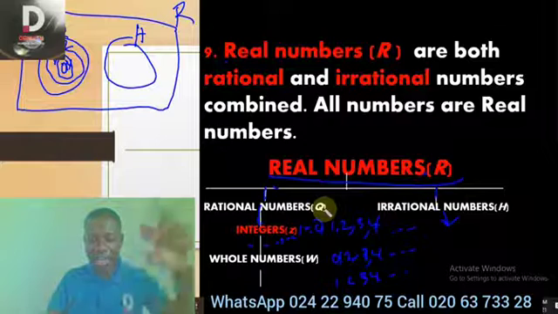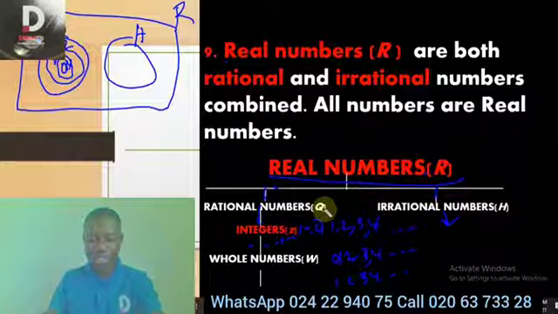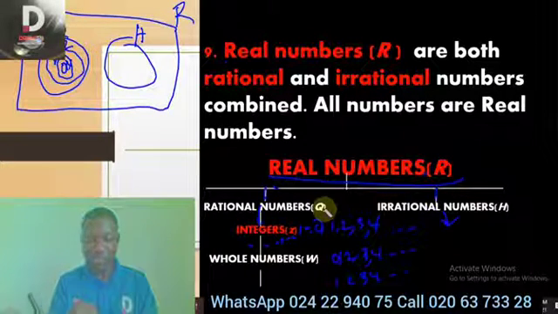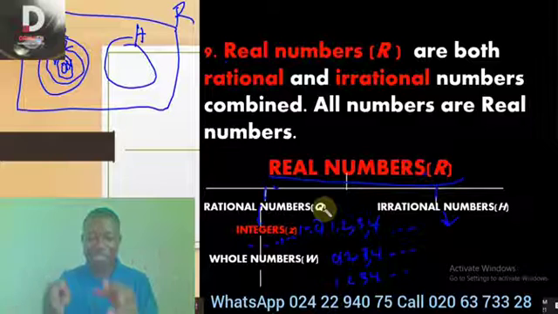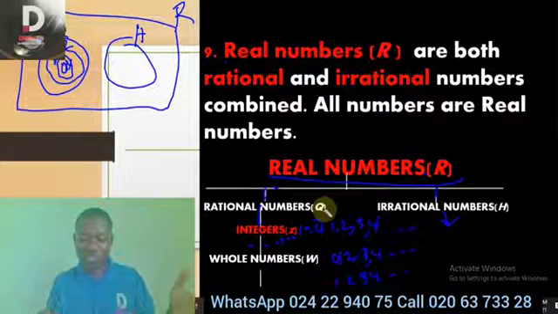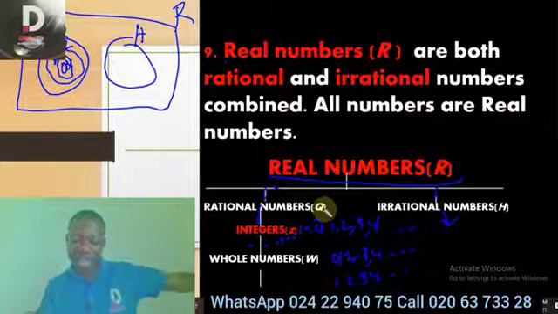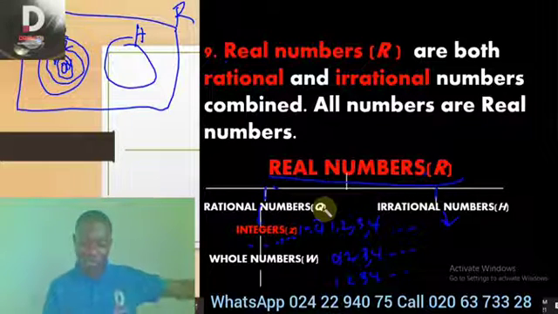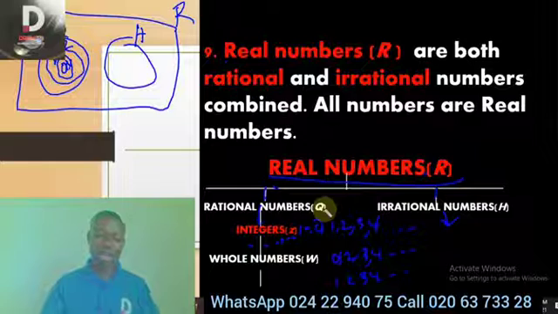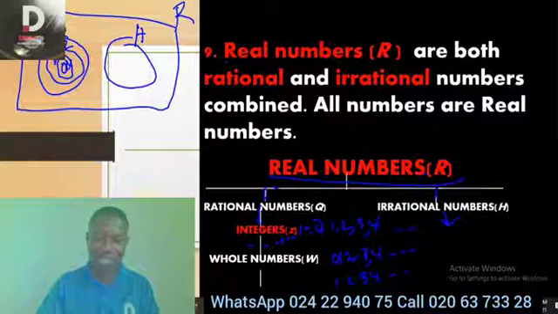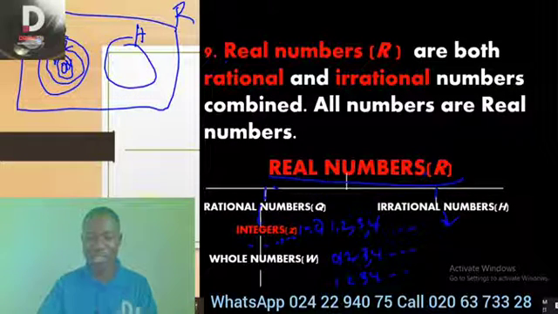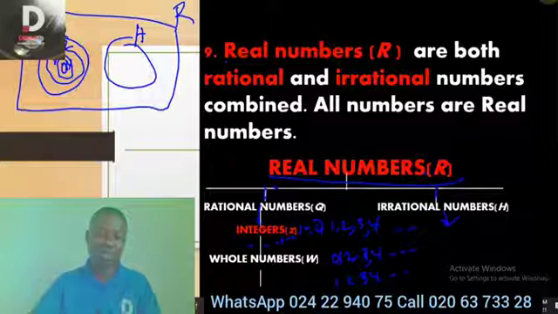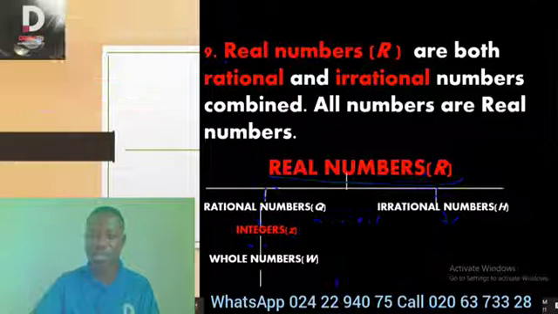If you remove the negative numbers, you get only the positives, starting from 0. So you get whole numbers. Then if you remove the 0, you get natural numbers or counting numbers. So when the examiner asks you to represent or asks you to choose, you know how to do the representation, as you can see over there.